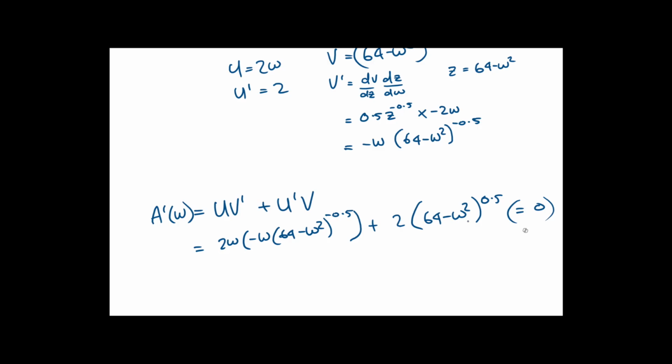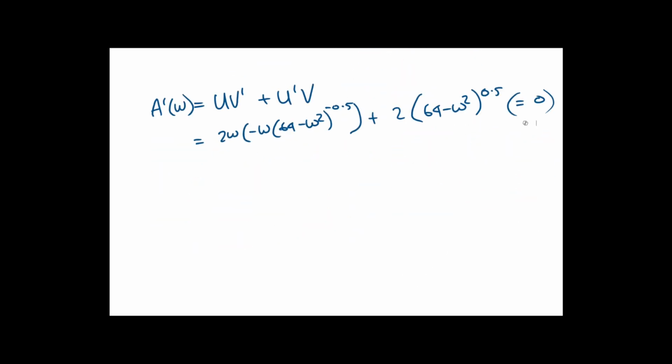But let's simplify this a little bit straight away. This is going to be equal to negative 2W squared, multiply this out, (64 minus W squared) to the power of negative 0.5, plus... we can't break that up because we can't multiply that.